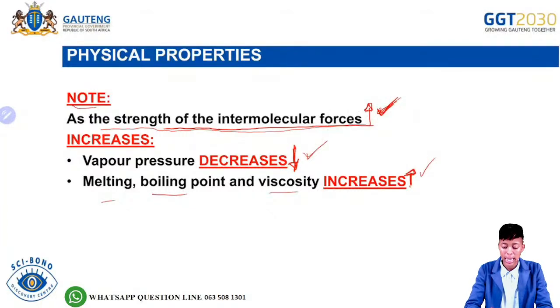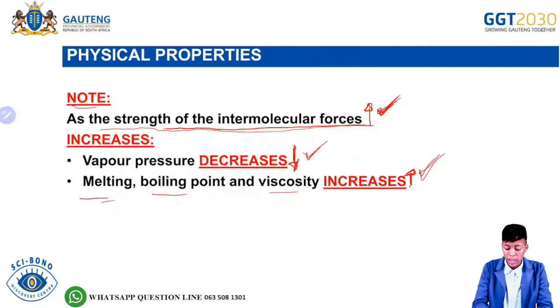But in chemistry, when we state it, we say as the intermolecular force increases, the vapor pressure will decrease. And as the intermolecular forces increase, the melting point, boiling point, and the viscosity are going to increase.